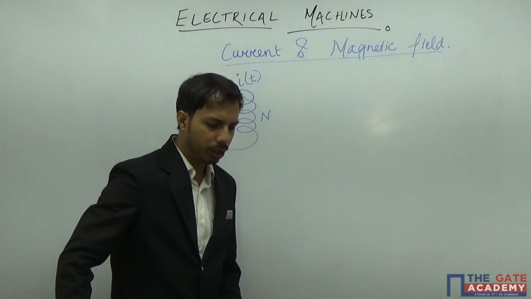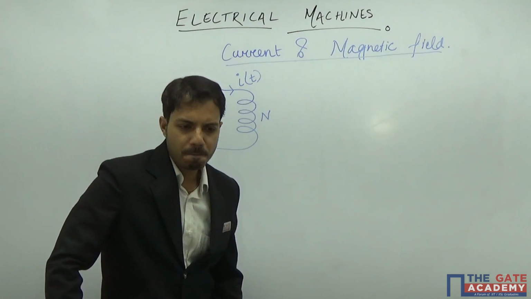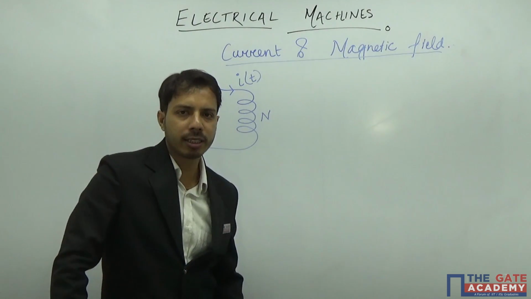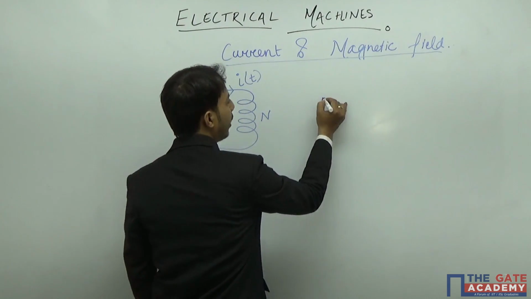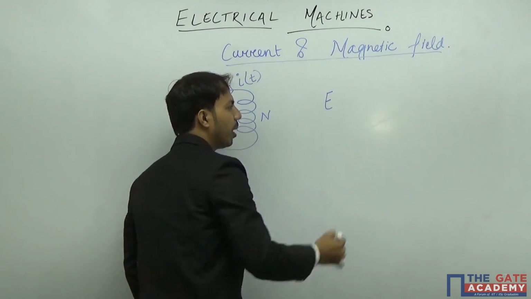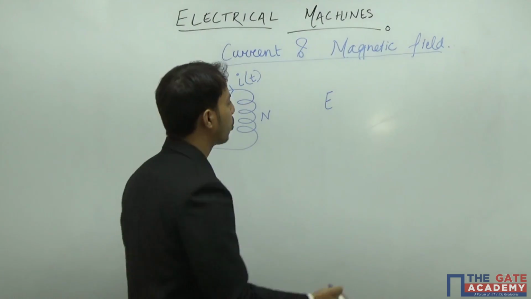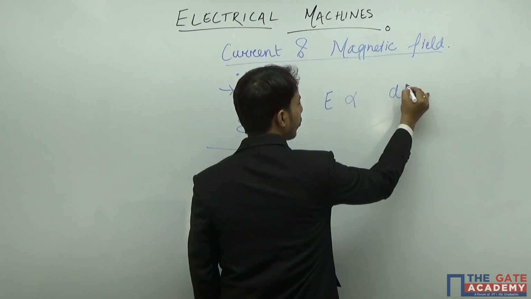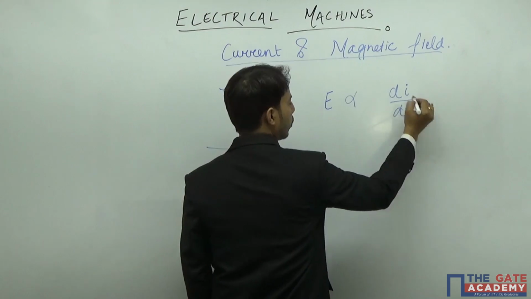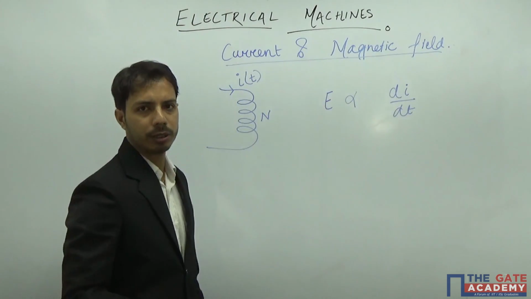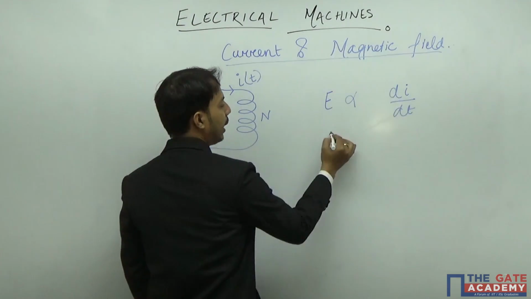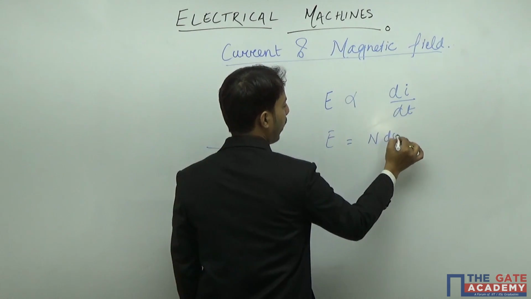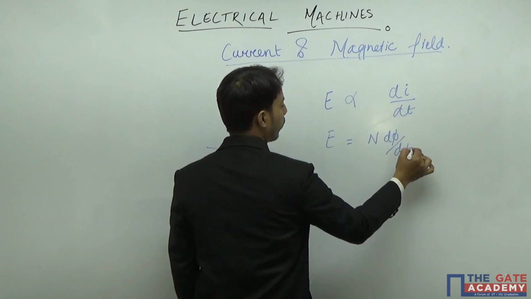Now, we can find the expression for that inductance also. It is said that the EMF which is induced is proportional to the rate of change of current. This is the same EMF for which we say EMF is equal to N dφ/dt.